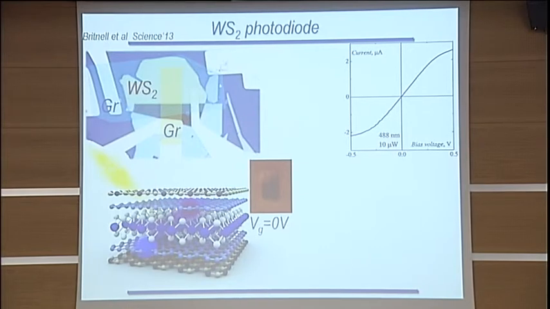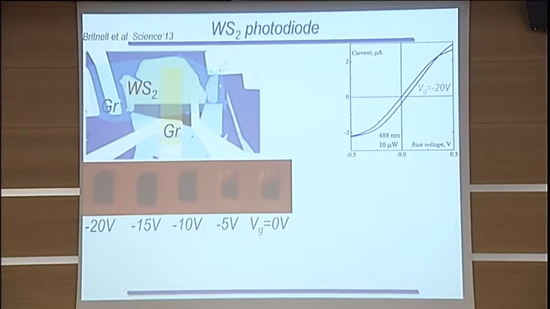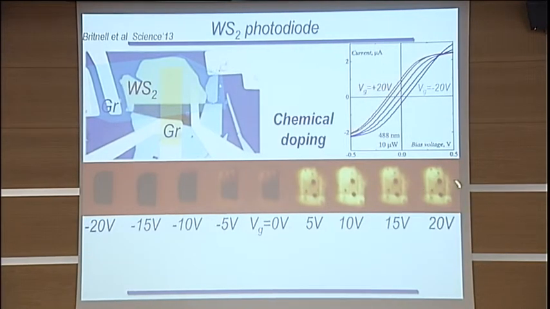And now, of course, you can apply gate voltage, and you induce this built-in electric field, and you immediately see a huge increase in the photovoltaic response of this structure, or you can change the polarity of the gate voltage. So you change the polarity of the built-in electric field, and the photocurrent changes sign, of course, simultaneously.